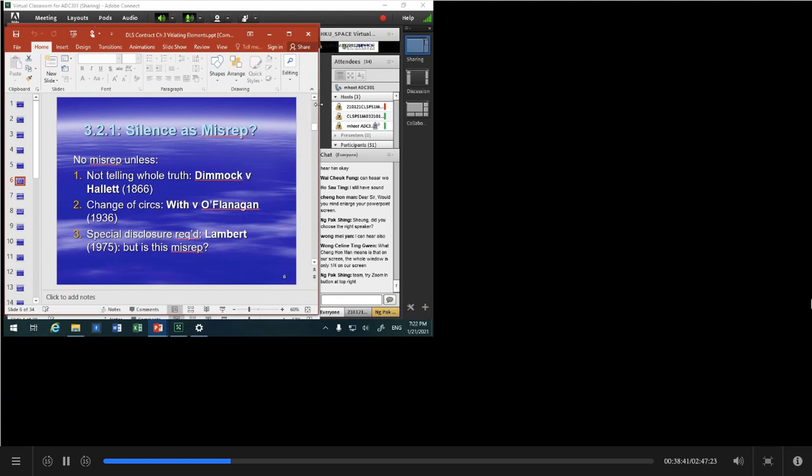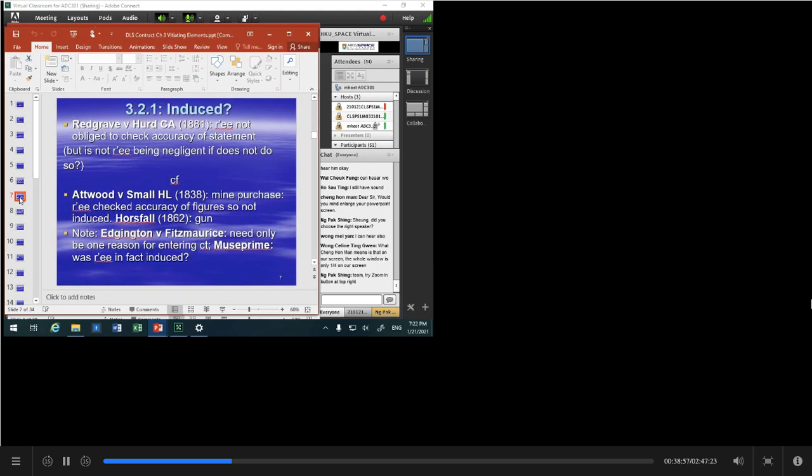So the first two types of misrepresentation, the representor is at fault. They're either dishonest or they're negligent. And at common law, I emphasize common law, not legislation, you could also get damages in the tort either of deceit for fraudulent misrep or the tort of negligence for negligence. Okay, so as I mentioned last time, misrepresentation is an area of law in which contract law and tort law do overlap.